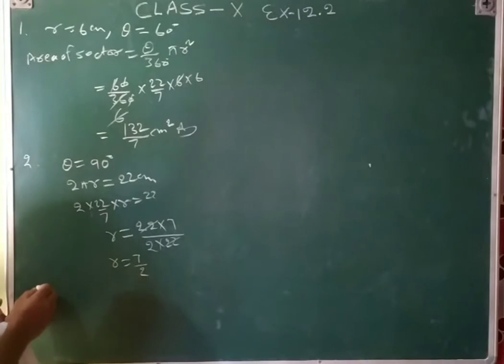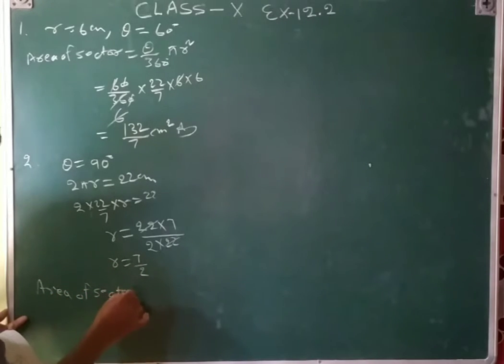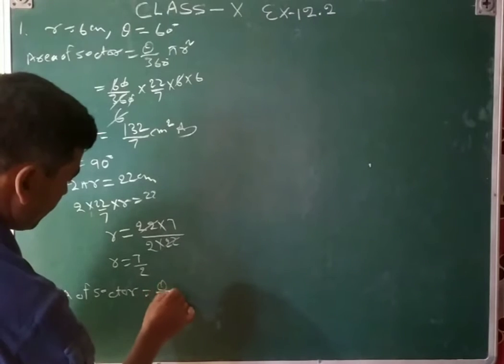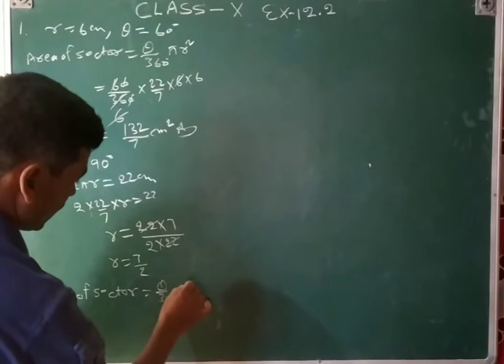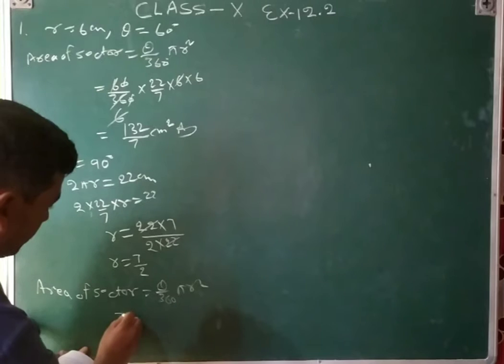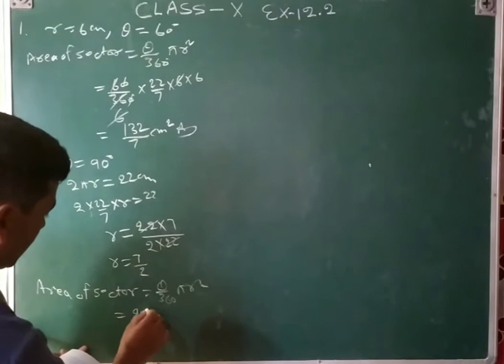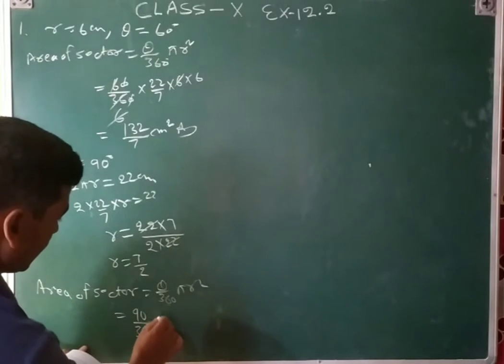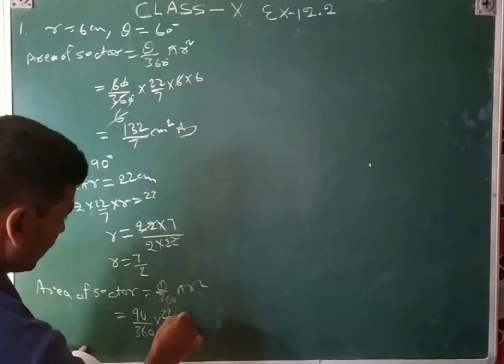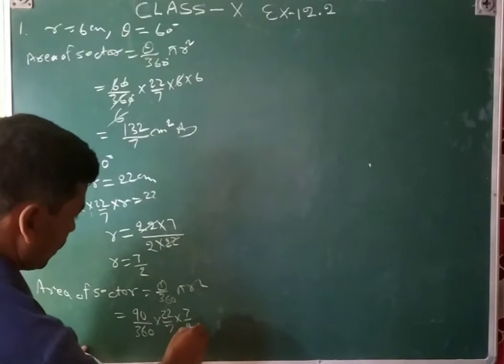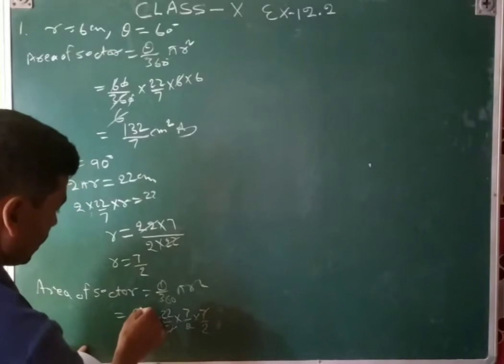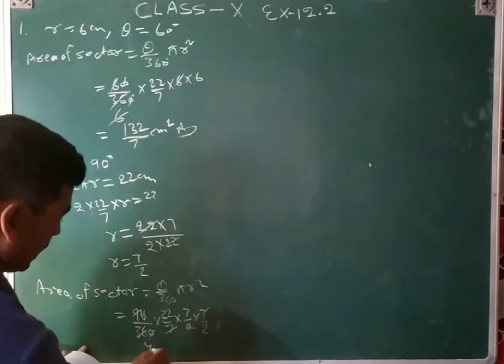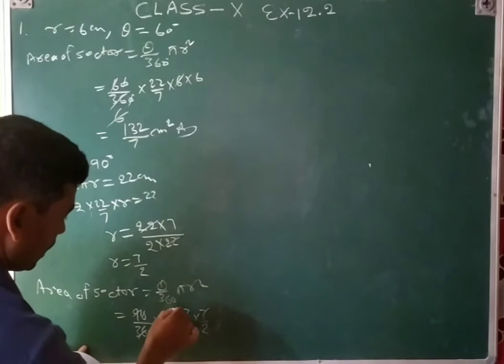Similarly, area of sector is equal to theta upon 360 times pi r square. So theta is 90 upon 360 into 22 upon 7 into 7 upon 2 into 7 upon 2. 7 cancels by 7, then 4 nines are 36, and 2 twos are 2, 11.